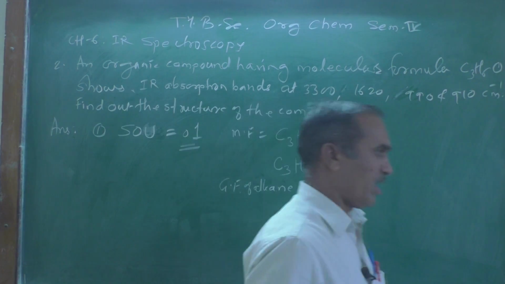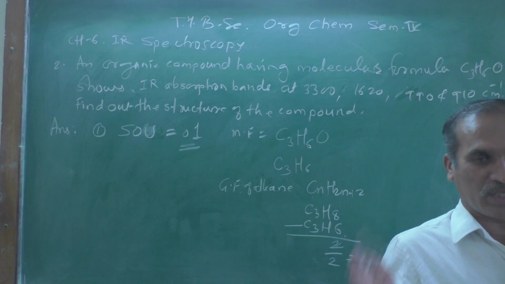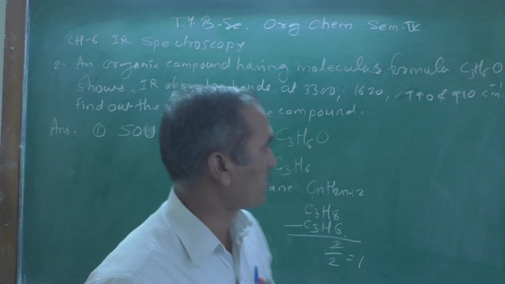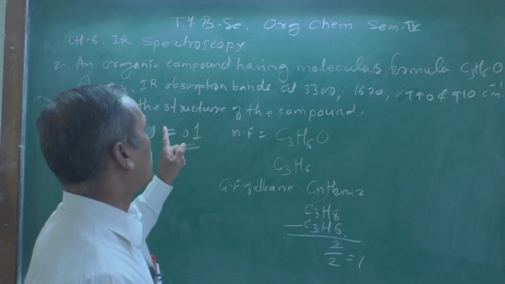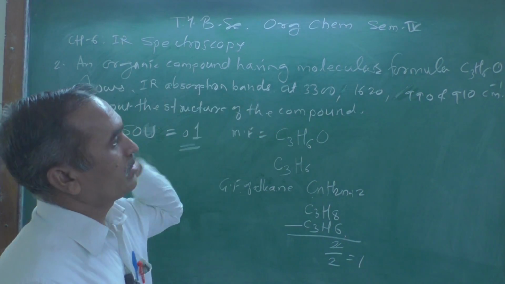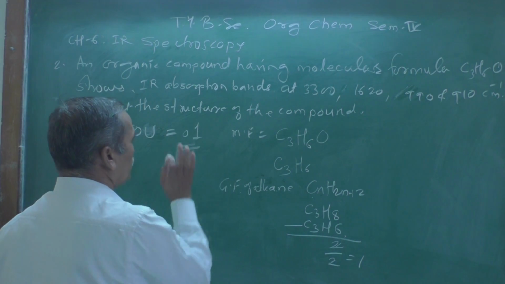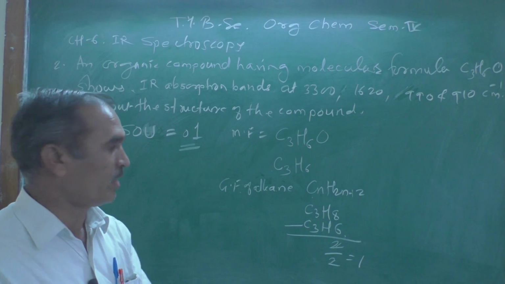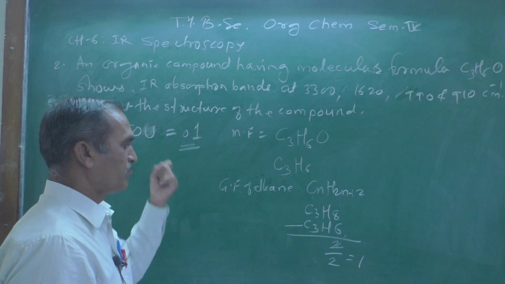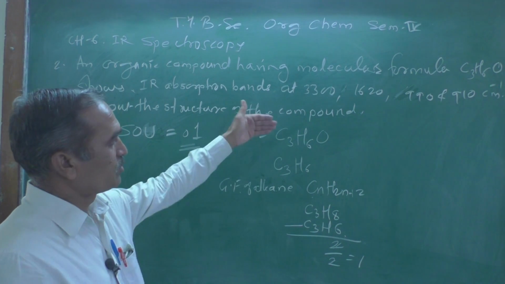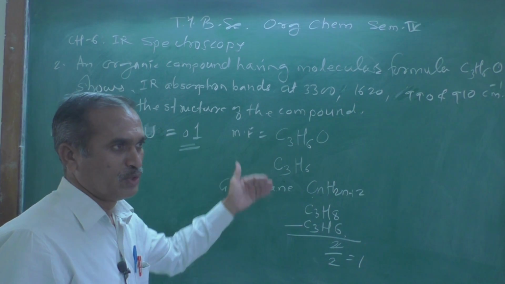So in this way you have to calculate the site of unsaturation present in the given organic compound. This is the molecular formula, and here we have calculated the site of unsaturation, which we got as 1. How does 1 come? You do it like this.